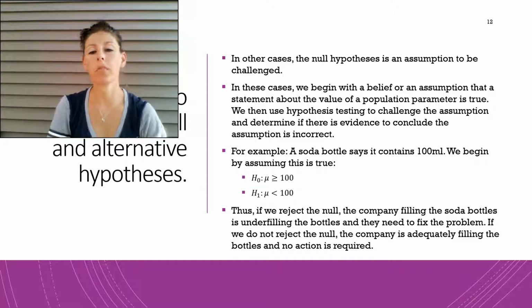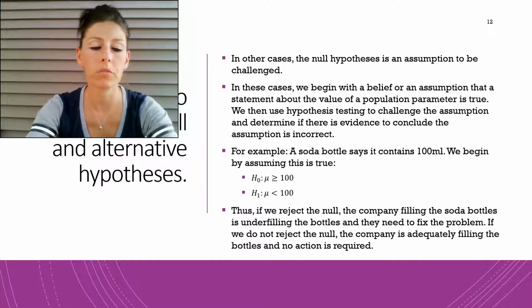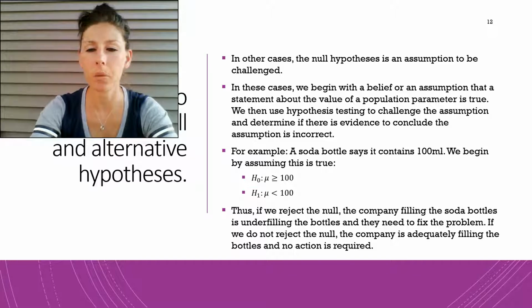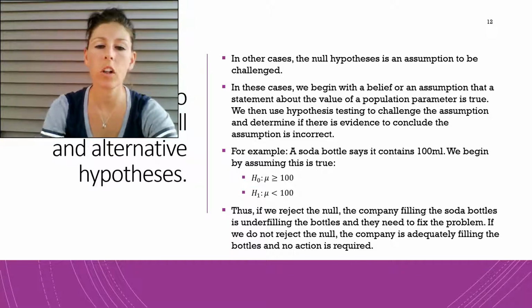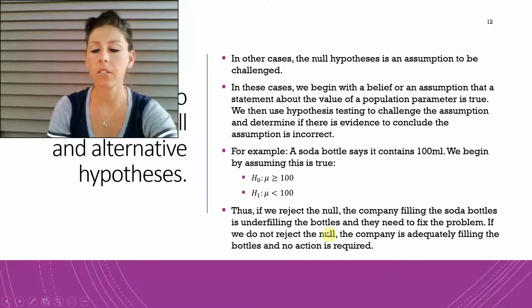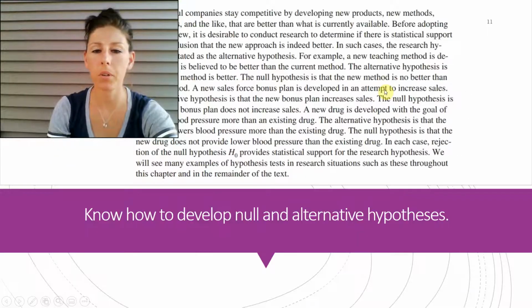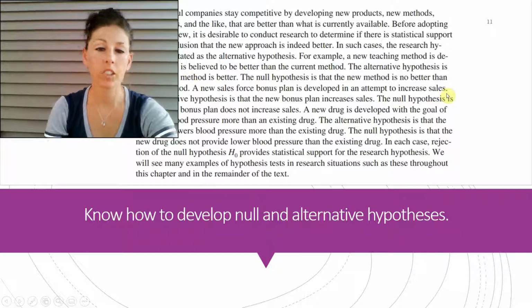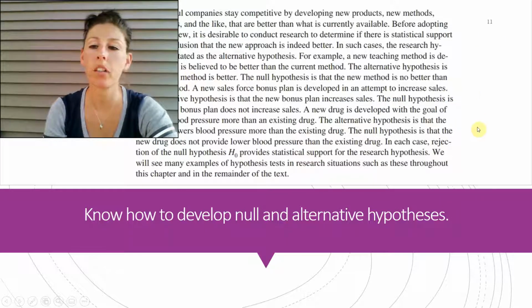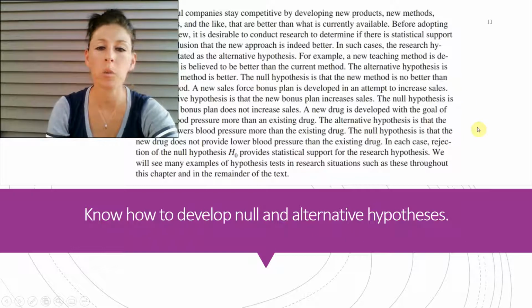And typically, if we want to find support in terms of rejecting the null or not. So again, typically in the first case, if we have some type of new technique, we'd like to find support where we can reject the null and basically find support that our new system, whatever it is, our new drug, our new bonus plan, our new teaching method, is effective.